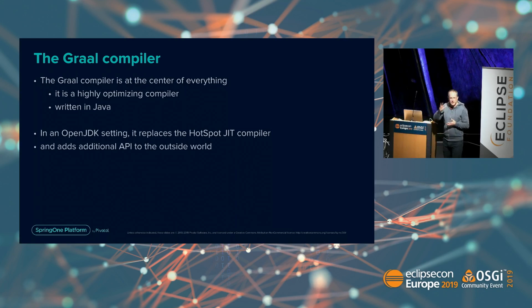So there was a relatively old research project at Oracle where they tried to re-implement the whole Java virtual machine in Java, a nice exercise: implement a Java virtual machine in Java. Therefore, they also built a highly optimizing compiler in Java. And that's what's at the heart of GraalVM today. It's a highly optimizing compiler that takes Java bytecode in this case, and maybe something else, and produces highly optimized machine code.